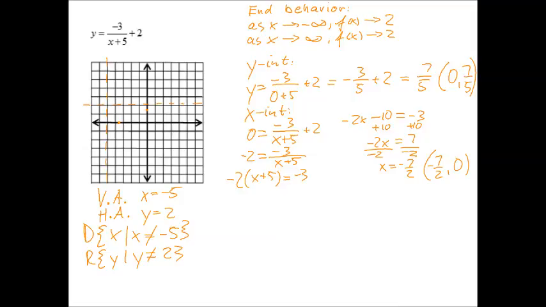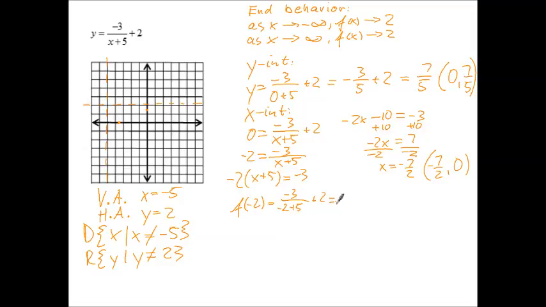Now we need to find some x-coordinates, plug them in so we can plot more points. And those should be values which are going to be somewhat close to our asymptotes. So I'm going to start off with -2. F of -2 is equal to -3 over -2 plus 5 plus 2.